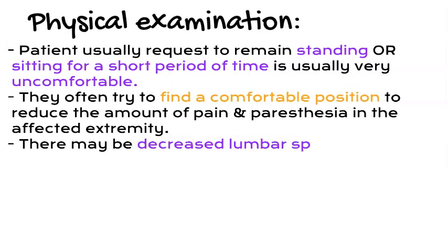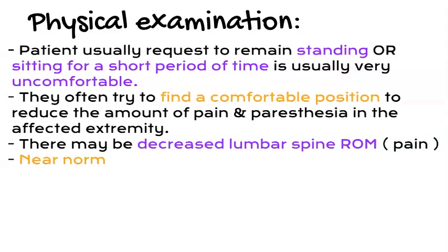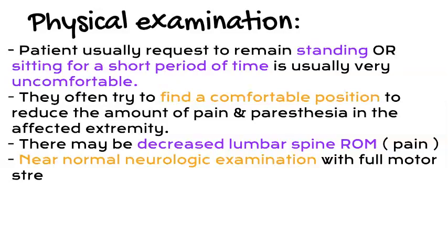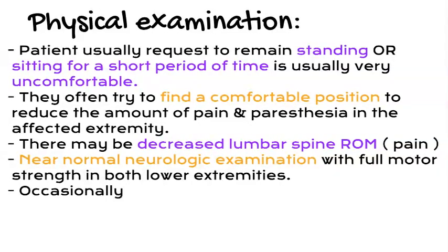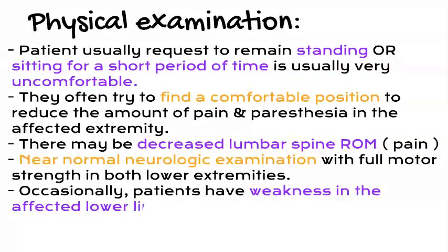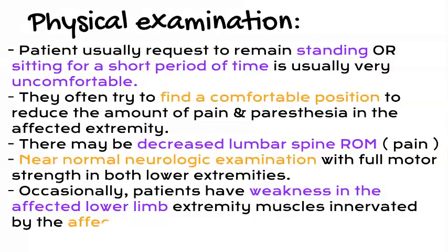There may be decreased lumbar spine range of movement due to pain. Near normal neurologic examination with full motor strength in both lower extremities. Occasionally, patients have weakness in the affected lower extremity muscles innervated by the affected nerve.